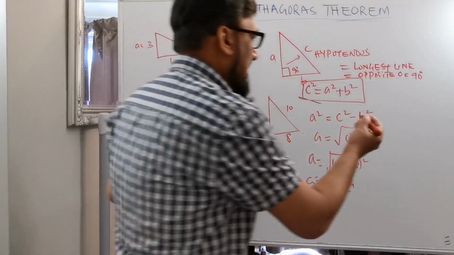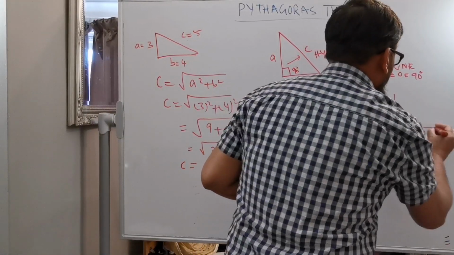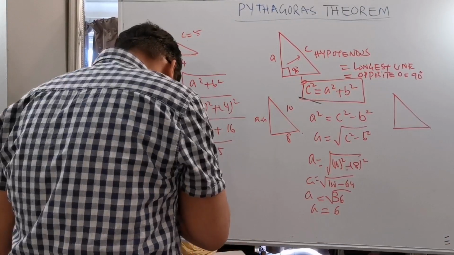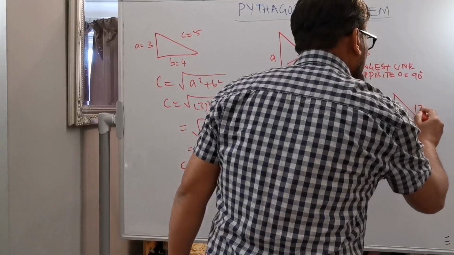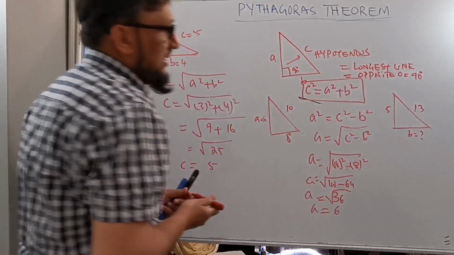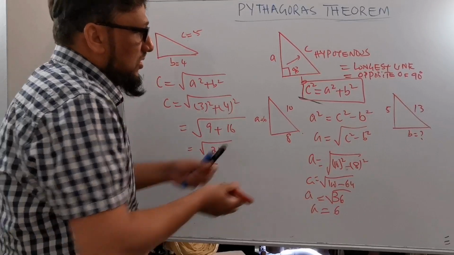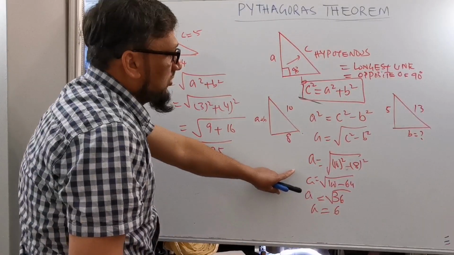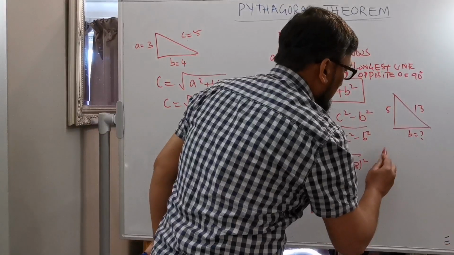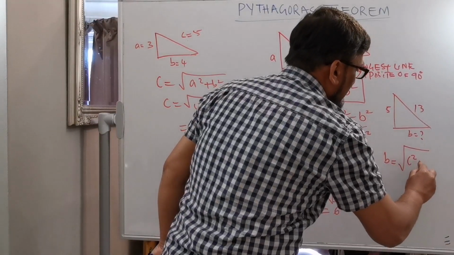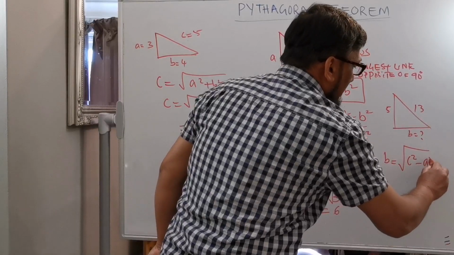Let's take another example. This is a right angle triangle, and this side is 13 and this side is 5. Find the value of B. It is the same as before, so B equals the square root of C square minus A square.